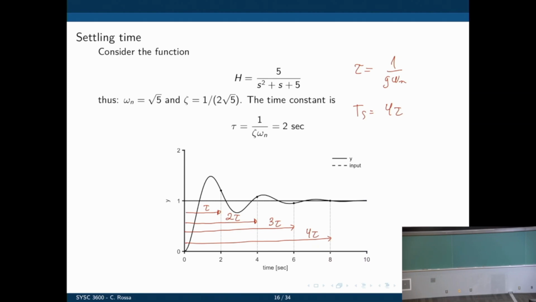And you can see that indeed, after 4 times the time constant, the system is within 2% of its final value and doesn't go outside of that range. Okay. If you want to calculate the percent overshoot, all we need is the damping ratio. You can plug this into the equation: 100 times the exponential of minus pi zeta divided by the square root of 1 minus zeta squared.